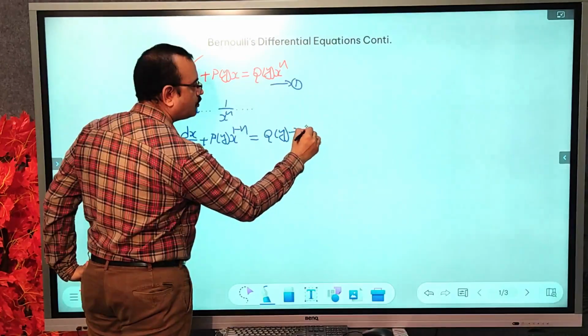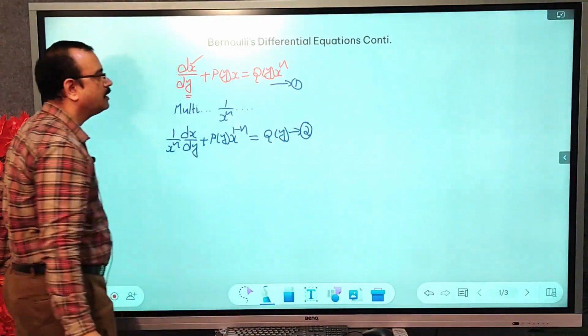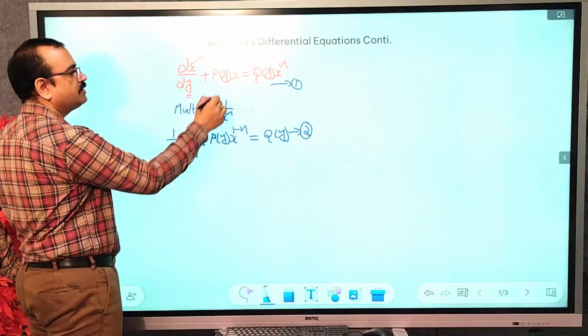Now here also we have to convert this into linear, that is our aim. So for that we have multiplied with 1 by x power n.